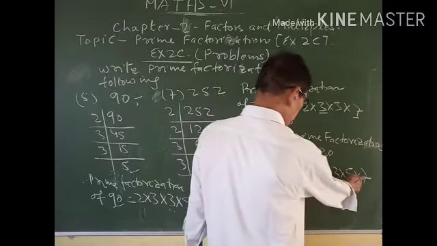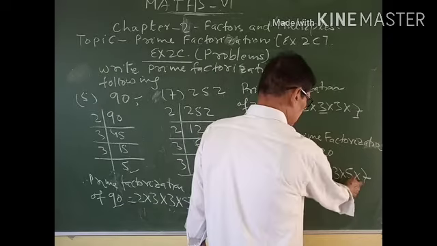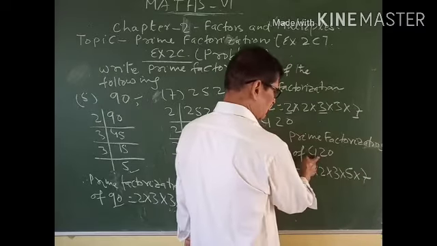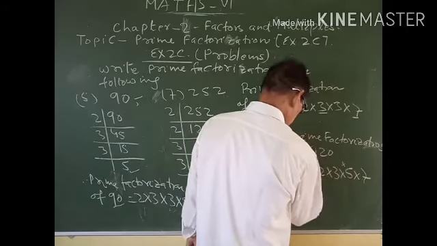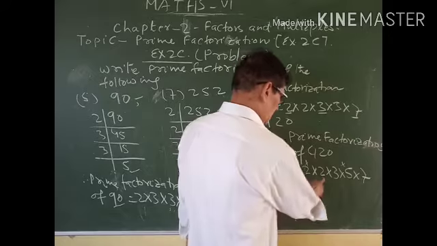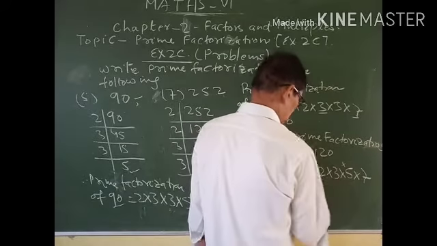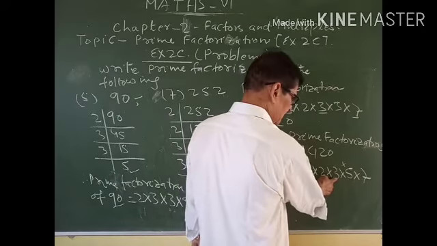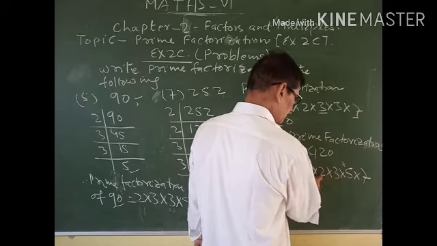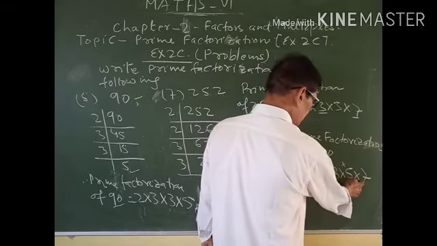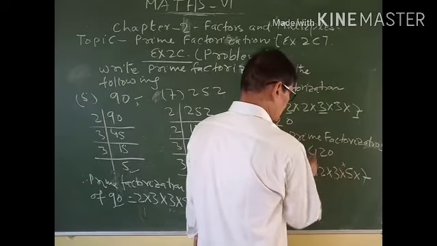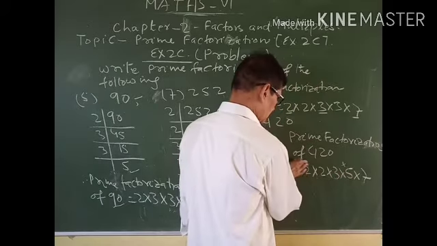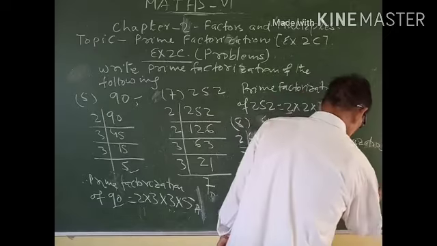If you multiply this, you will get 420. 5 2s are 10, and multiply by 2 3 7, 2 3s are 6, 2 6s are 12, 3 2s are 6, 6 7s are 42, 42 10s are 420. So our answer is correct. This is the answer.